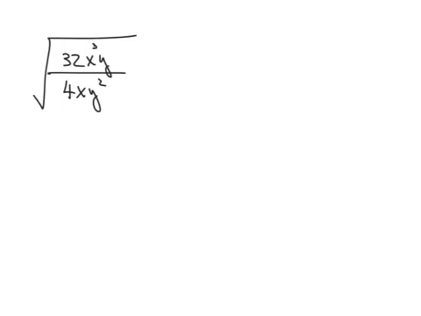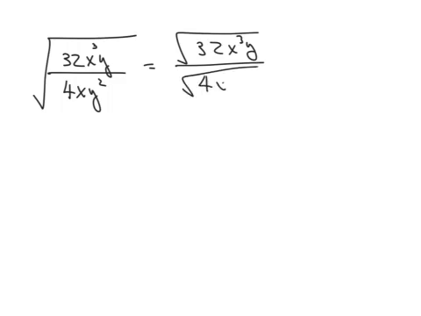So this is number 61. So let's go ahead and simplify that first. So that's going to be that on top, and then we'll square root the bottom. So we just split those up a little bit. Okay, now we're going to simplify the top.